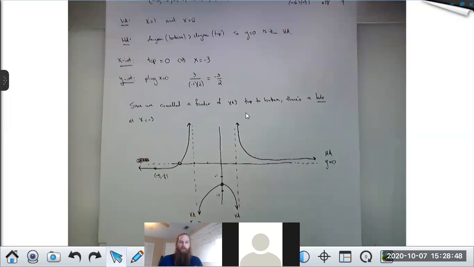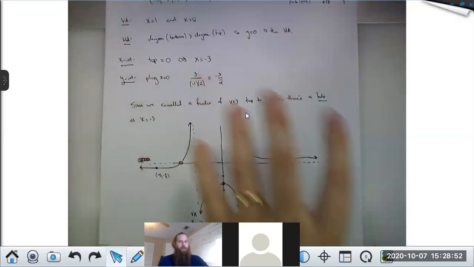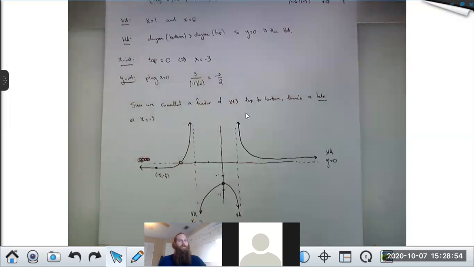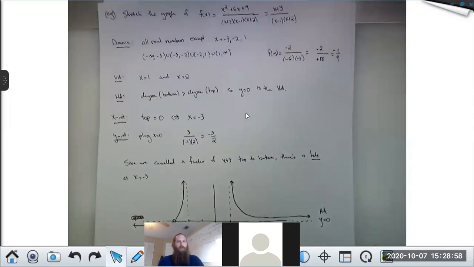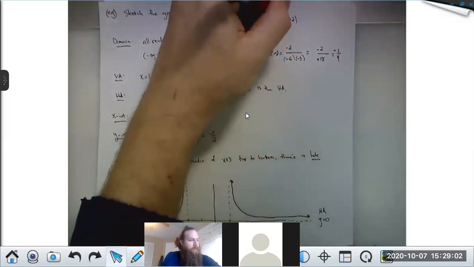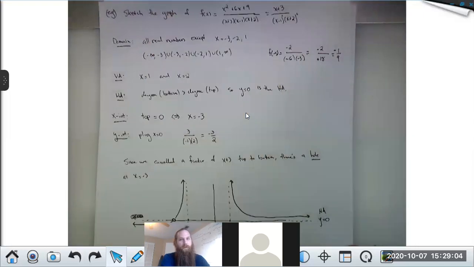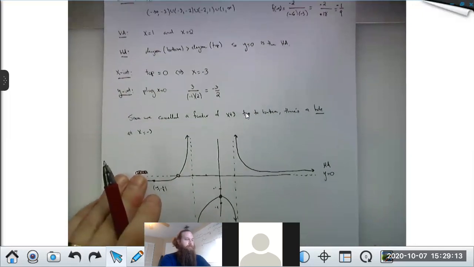Something similar is true about vertical asymptotes and rational functions. If your vertical asymptote is coming from a factor of odd multiplicity, and here these are both odd multiplicity, then you will change sign as you jump over that vertical asymptote.